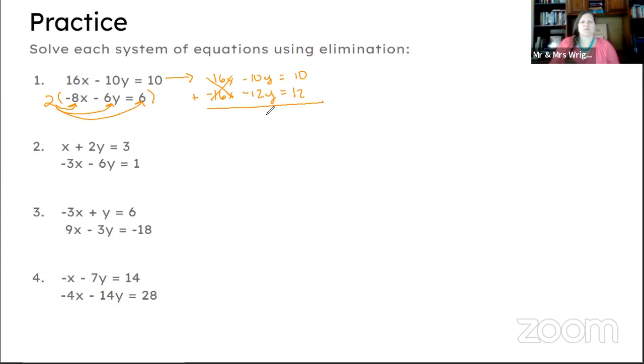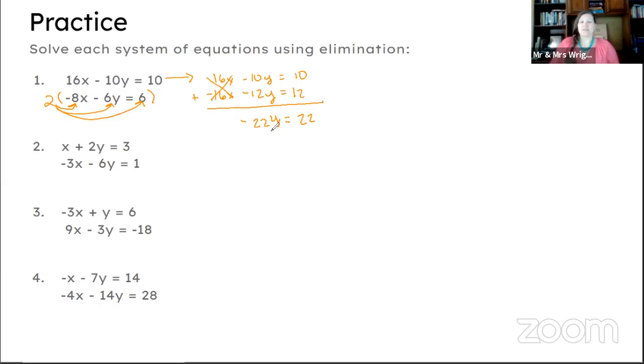Negative 10y, negative 12y. Just go ahead and write down my like term, and then combine my coefficients. Same sign, I'm going to combine, and they're going to keep the same sign. So 10 and 12 combined together make 22, and 10 and 12 added together make 22. So I've got negative 22y equals 22.